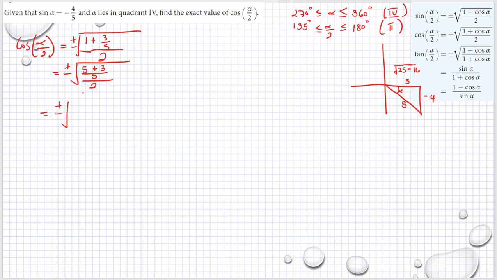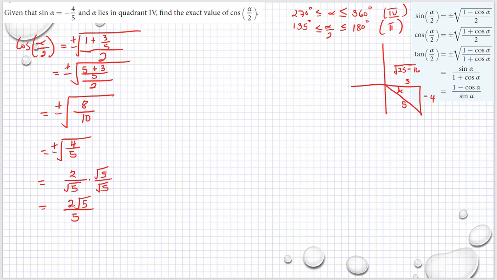Then we have plus minus the square root of 8 over 10. Plus minus 4 over 5. Plus minus 2 over square root of 5. If we multiply both by square root of 5, then we have 2 square root of 5 over 5. Oh, sorry, not plus minus anymore. After that we have done that.